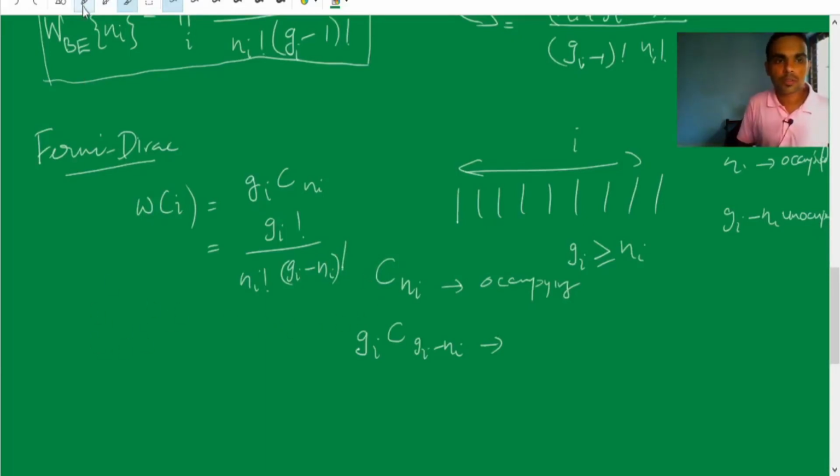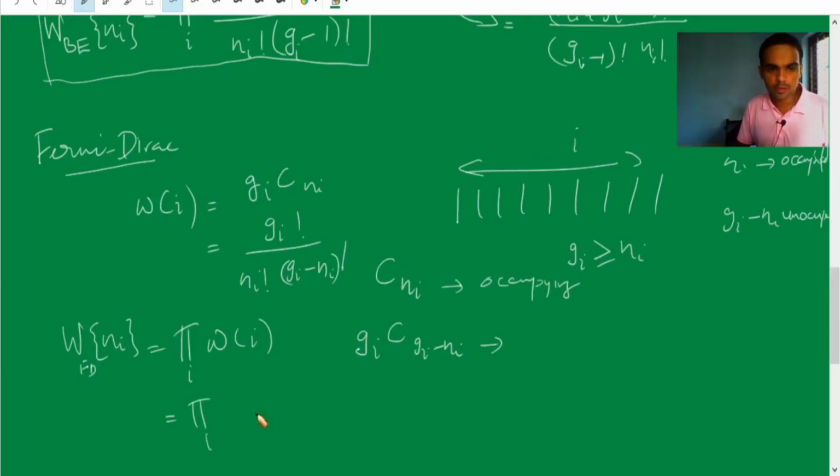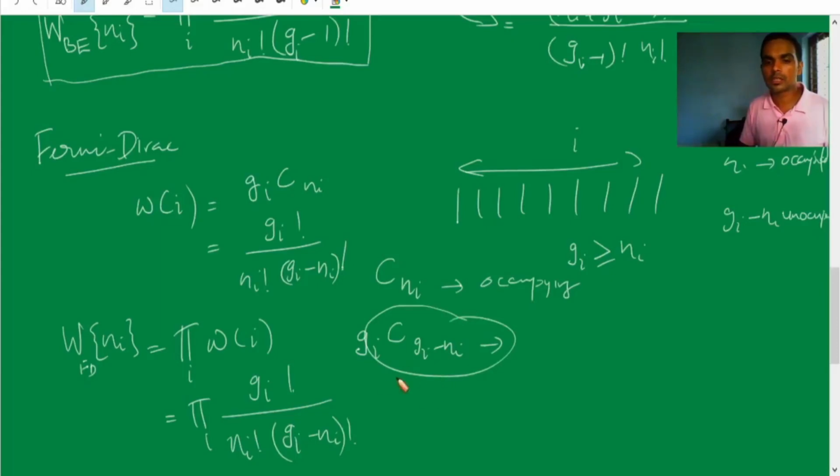Therefore the total number of microstates accessible for the particular distribution set Ni for the Fermi-Dirac case is equal to the product of omega of i of Fermi-Dirac, that is the product of Gi factorial divided by Ni factorial into Gi minus Ni factorial. You can check whether this gives the same result.